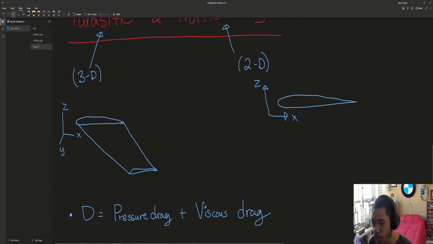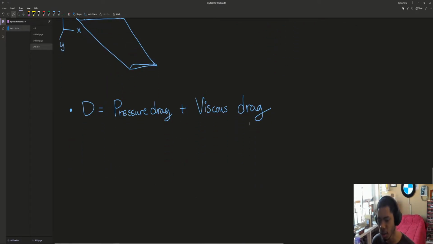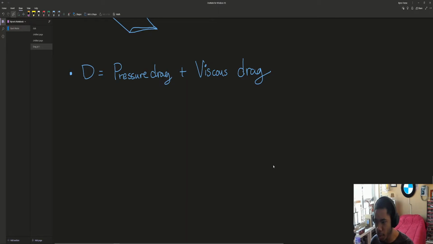Cool. Okay, so this is merely a sum of different kinds of drag, those being the pressure drag and the viscous drag. Now, the pressure and the viscous drag are our two main types of drag subsets. So let's go ahead and talk about those now.